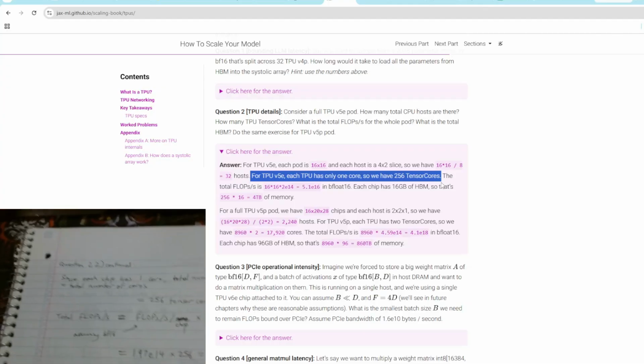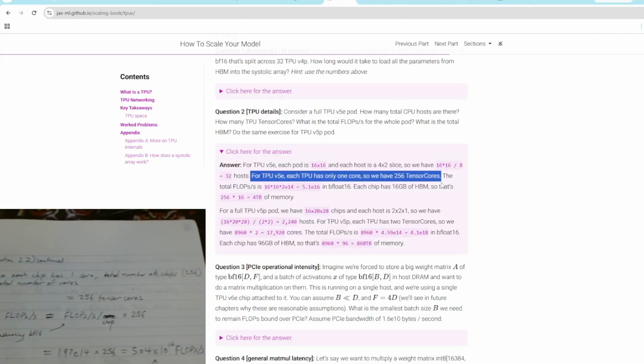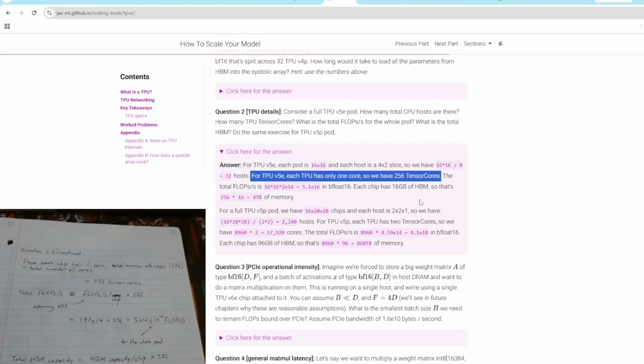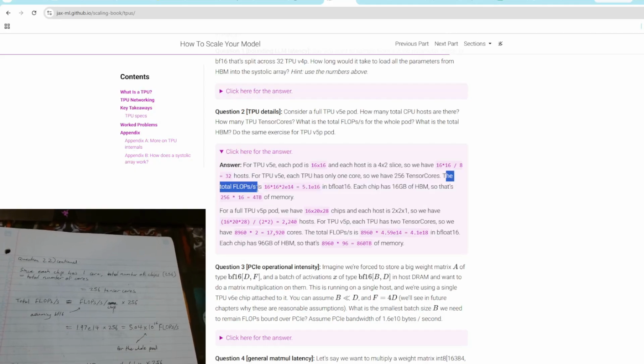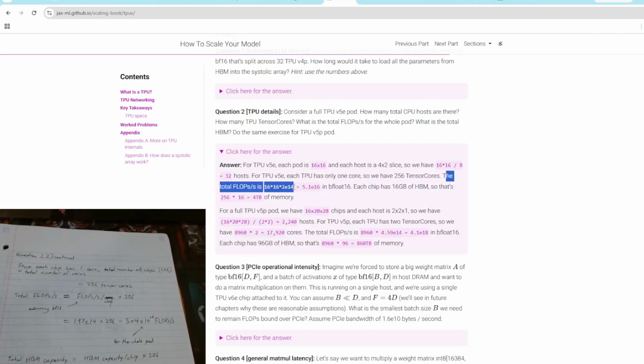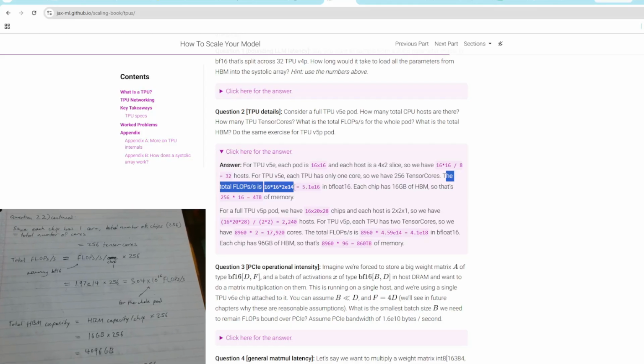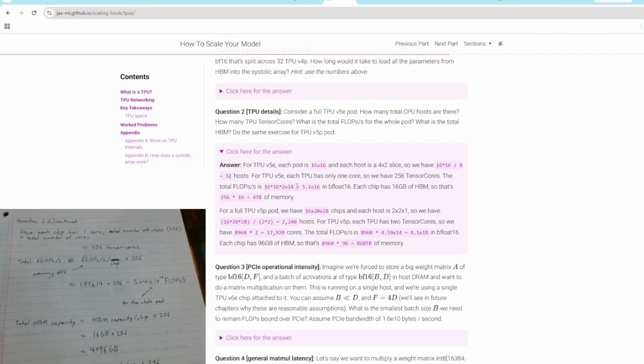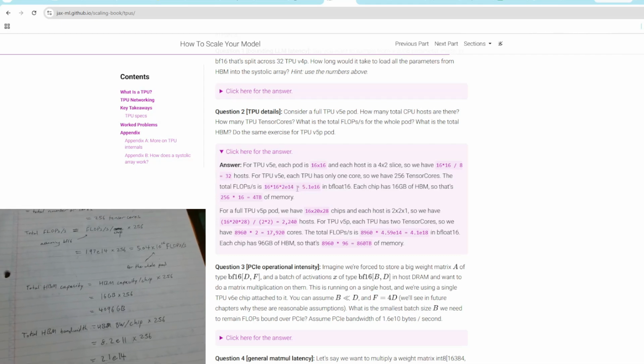Okay, tensor cores. Since each chip has 1 core, total number of chips 256 equals total number of cores. 256 tensor cores, that's right. Total flops per second is 16 by 16 times 2 E14.